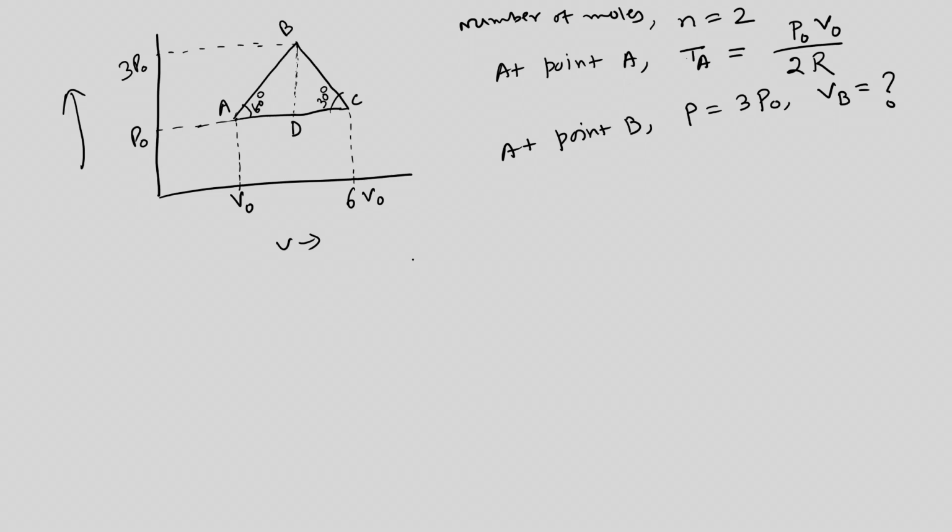Now, we can write AD is nothing but BD cot of 60 degree, right.